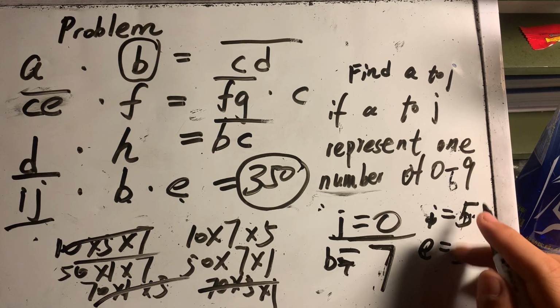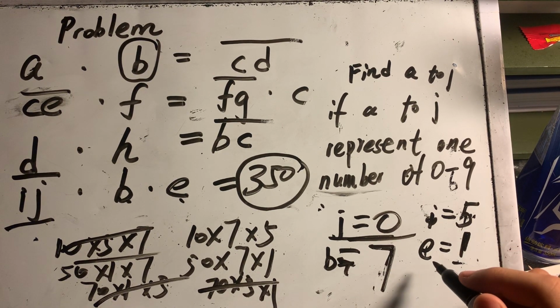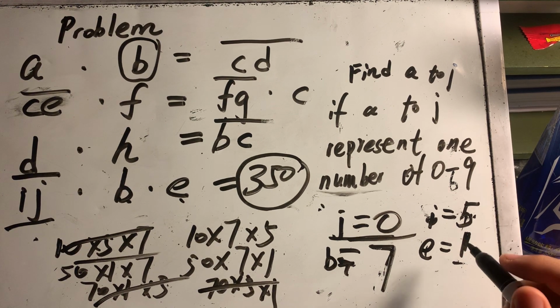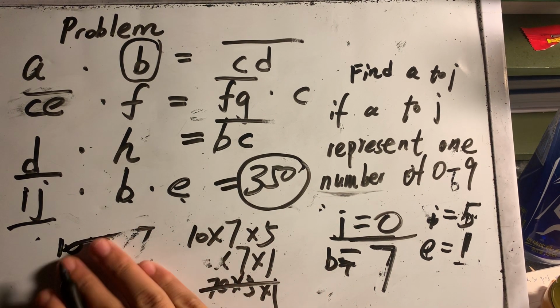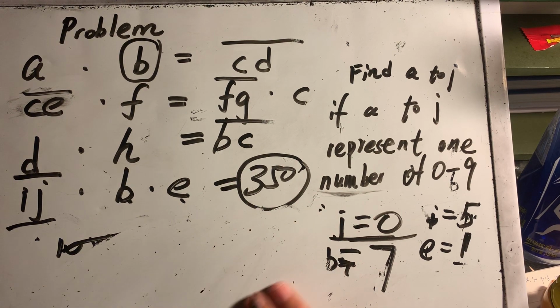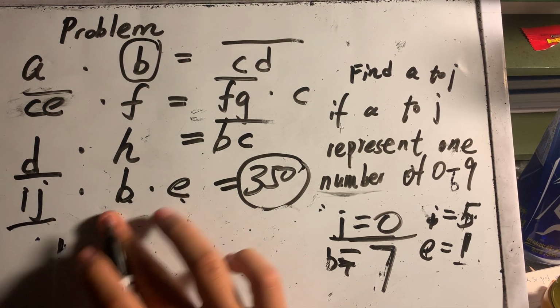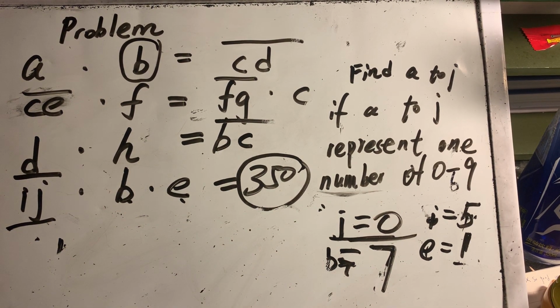So now we have these 4 numbers ready. Now let's get the third step, which is equation 3. D times H is equal to BC.